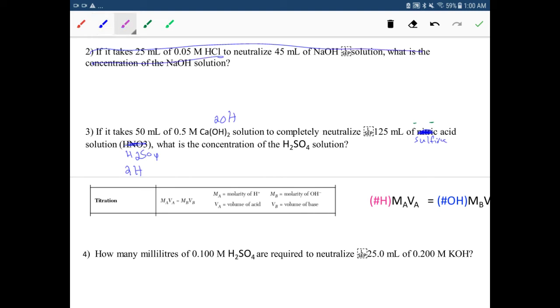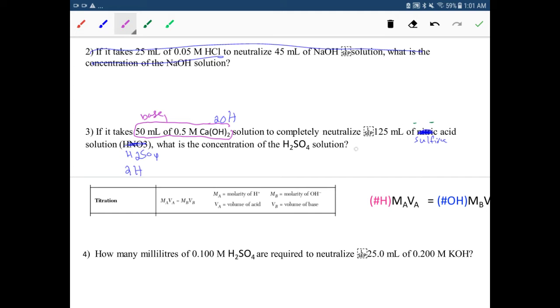Let me circle my information. It says if it takes 50 ml of 0.5 molar CaOH2. I'm going to circle this, and looking at the formula, CaOH2 is a base, so this is my base information, which is going to help me when I substitute the numbers in the formula.